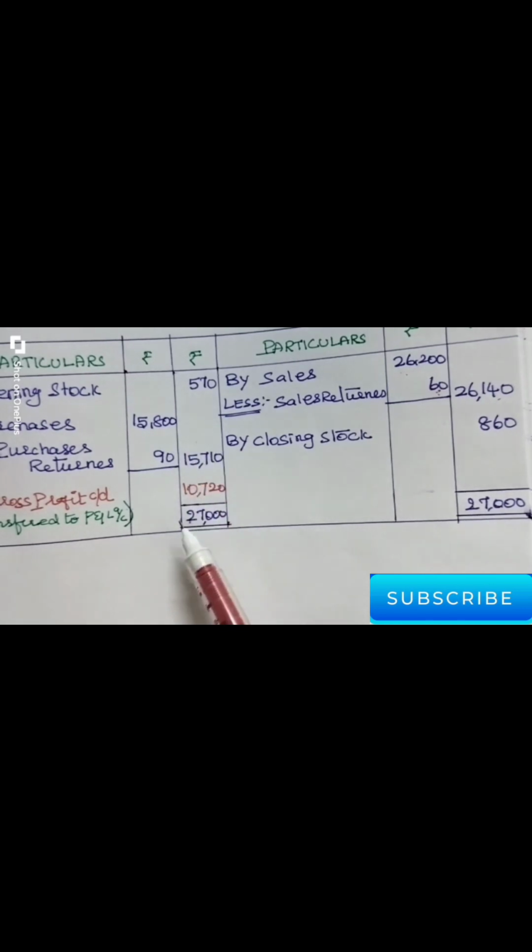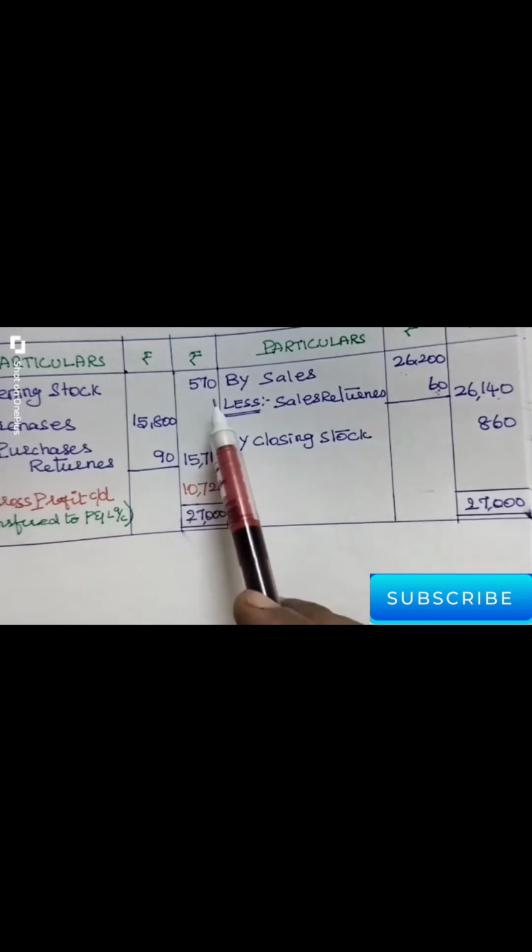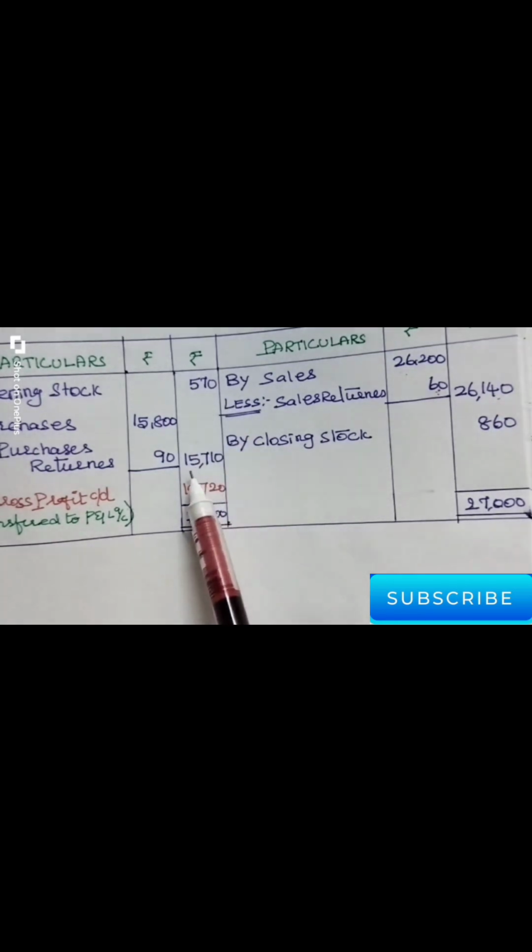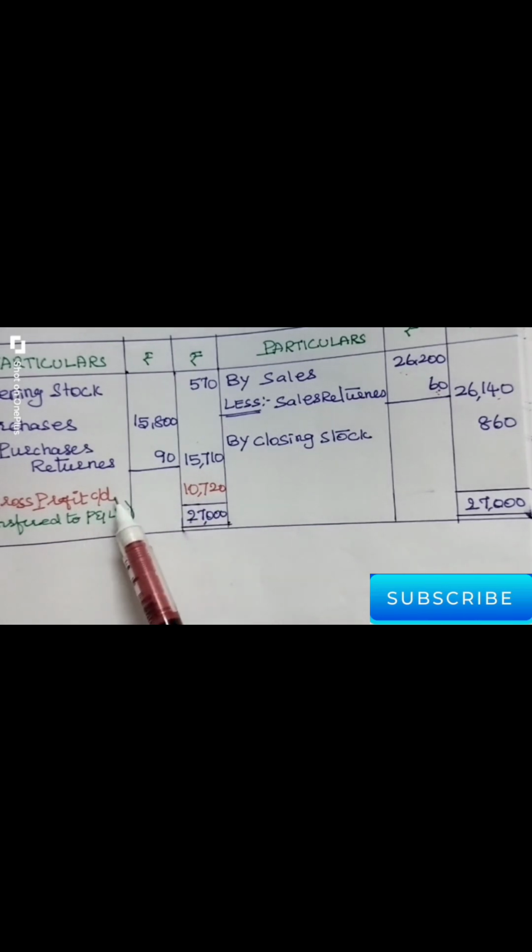So we have to find the difference like in a ledger account. We sum up 570 plus 15,710, then subtract that value from 27,000. We get 10,720. This is the gross profit.